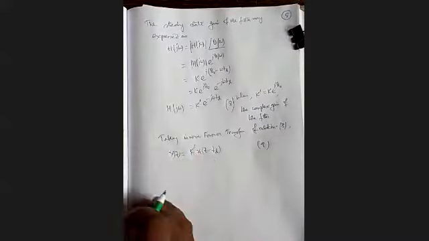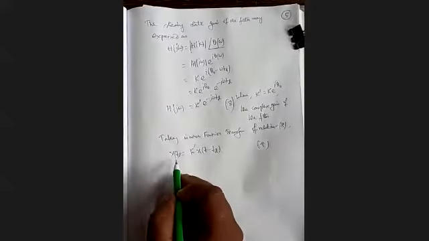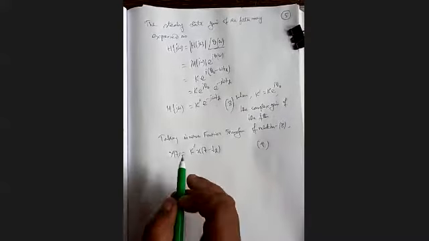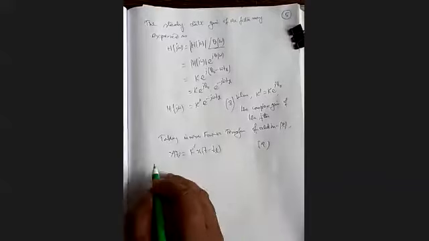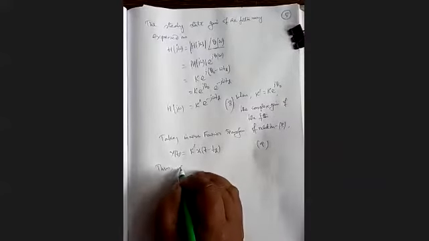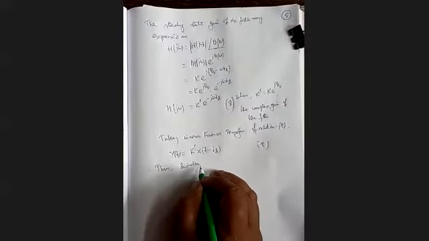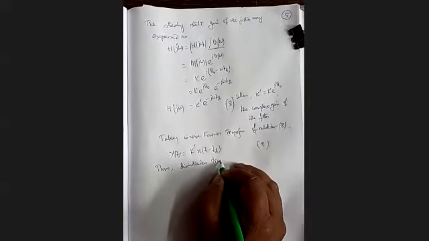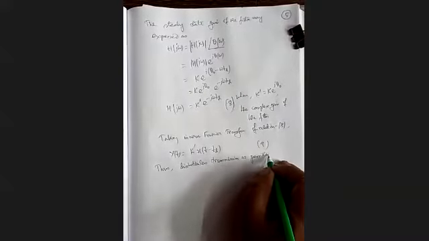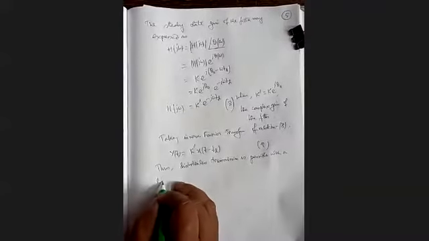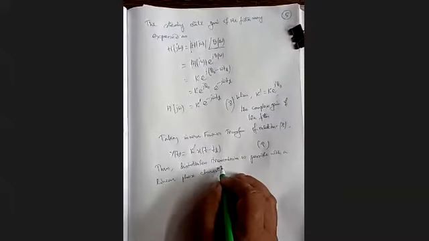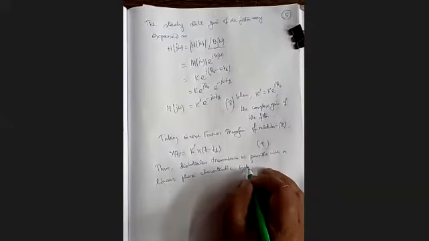So you see, output is the delayed version of input, but the pattern remains the same. The pattern of output and input is exactly the same. Thus, distortionless transmission is possible with a linear phase characteristic with offset.